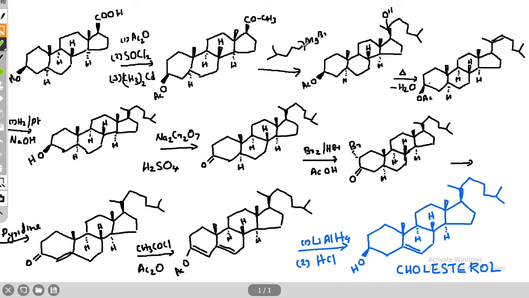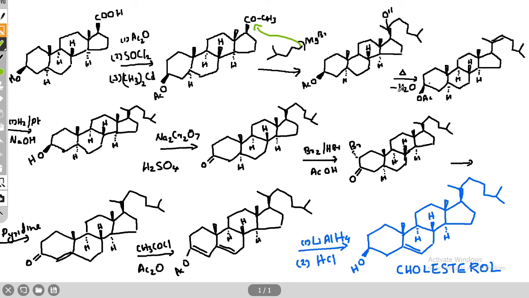So there will be a negative charge over this carbon, and this will attack this carbonyl carbon, and this C double bond O becomes OH, and this CH3 is present here. Then the other group is written like this. Okay. After heating, it is eliminated.